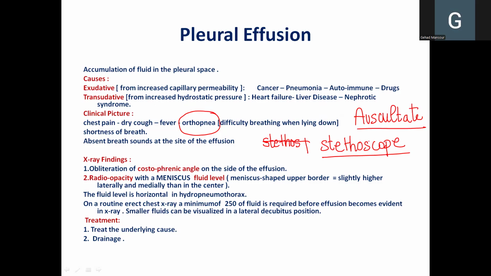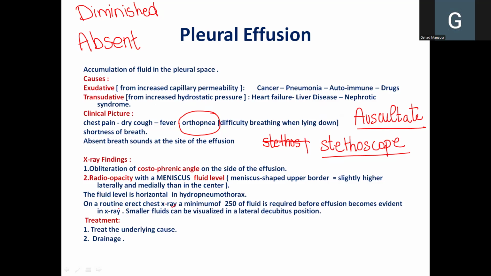Any area that is covered by pleural effusion will have either diminished breath sounds or absent breath sounds. If the pleural effusion is minimal, you will have diminished breath sounds, but if it is massive, then you will have absent breath sounds.